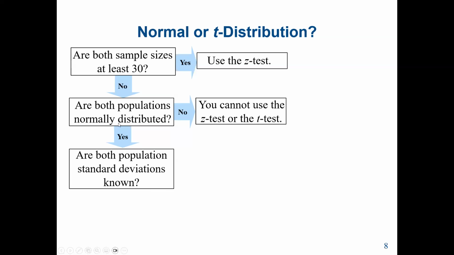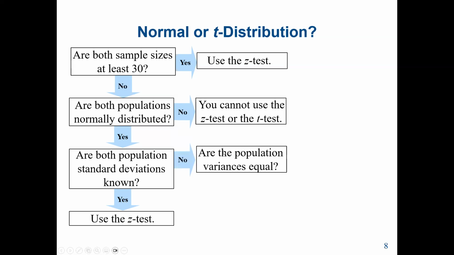If both populations are not normally distributed, then we cannot use the z-test or the t-test.